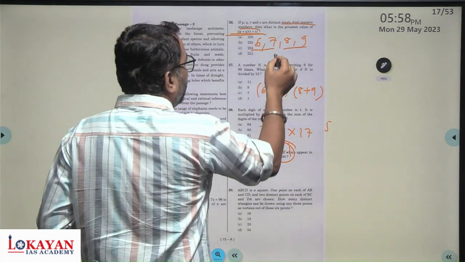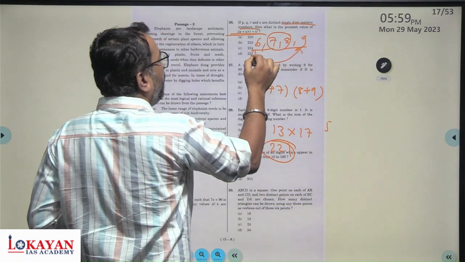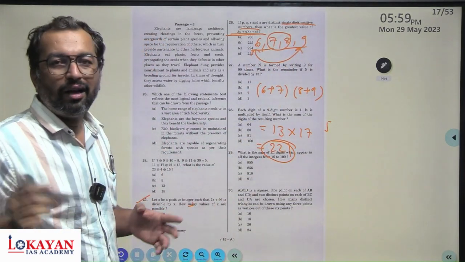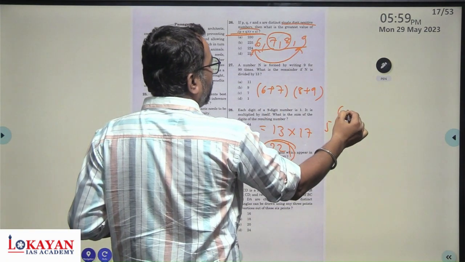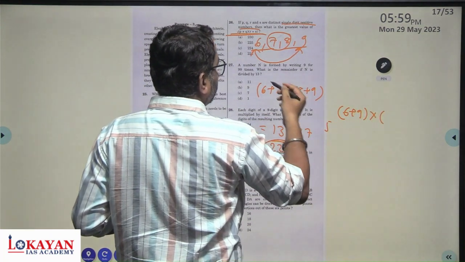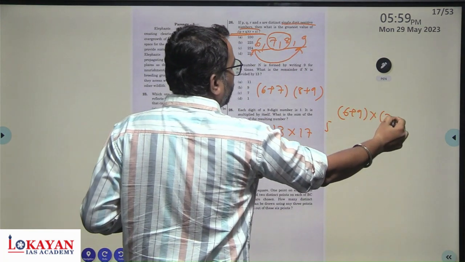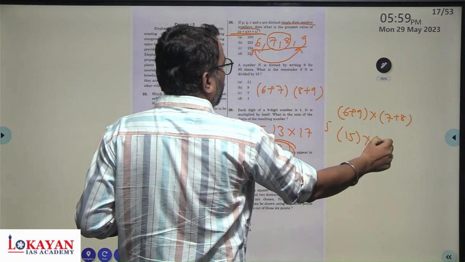No, because if we take the middle values together and the extreme values together, that will give us the highest multiplication. So P plus Q will be 6 plus 9, into R plus S will be 7 plus 8. So it gives me 15 into 15.